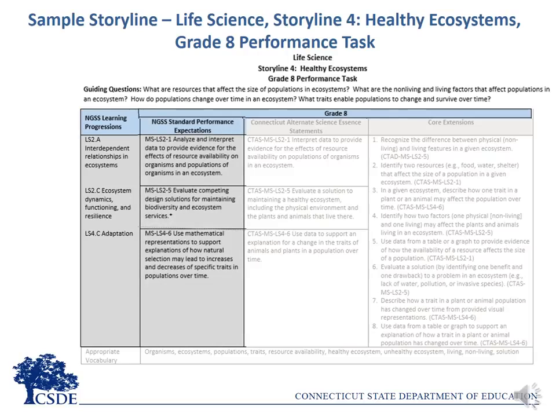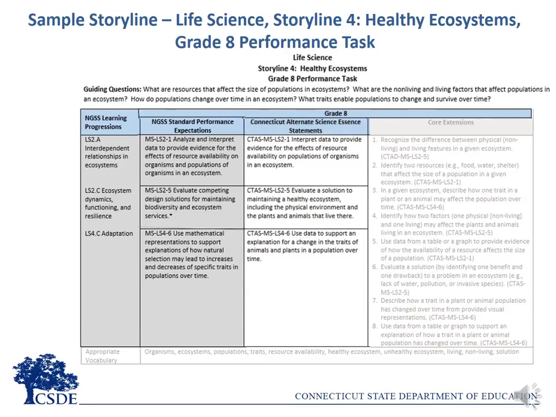The NGSS standard performance expectations are used to derive Connecticut Alternate Science Essence Statements. Essence statements define the derived core understandings embedded in the grade level standard performance expectations, making the standard performance expectation accessible and achievable by students with significant cognitive disabilities.